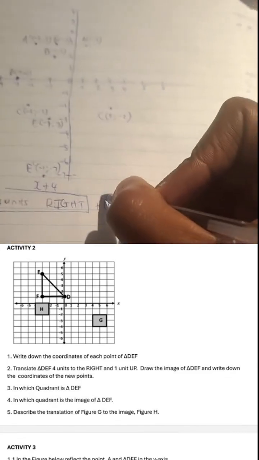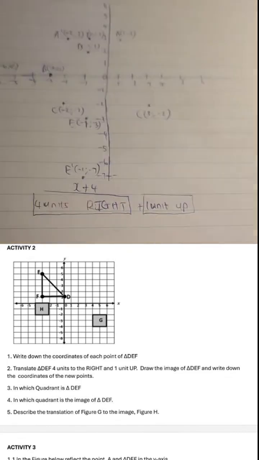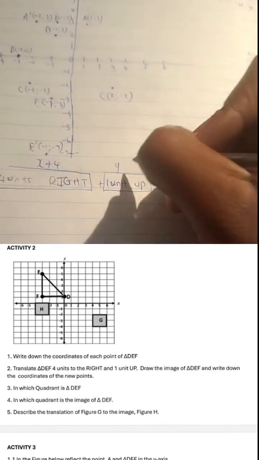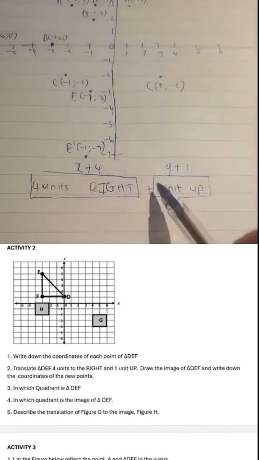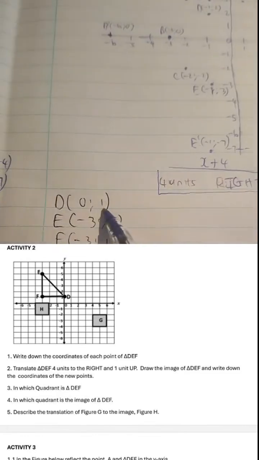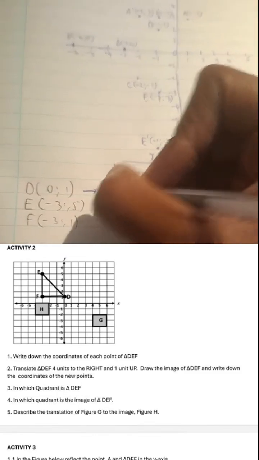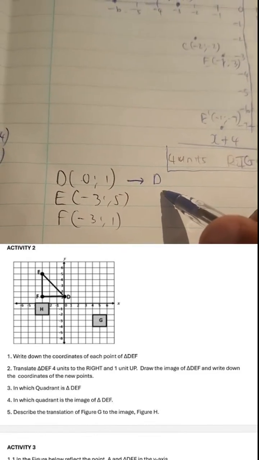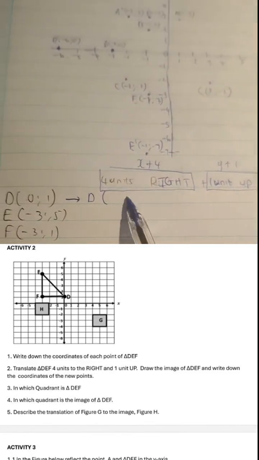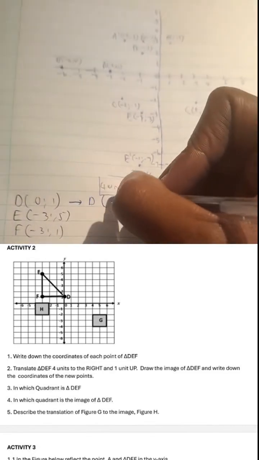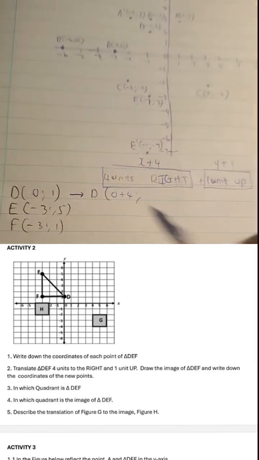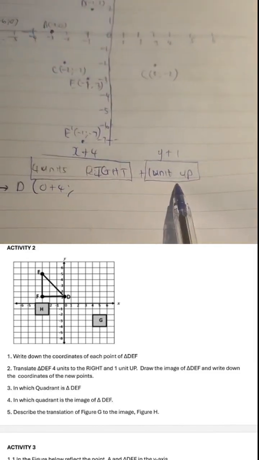Then 1 unit up is definitely going to be vertical translation. This affects our y coordinate, and this will also be addition to our y coordinate. So we are going to take the respective coordinates of D, E, and F, and do exactly that: 4 units to the right, then 1 unit up.